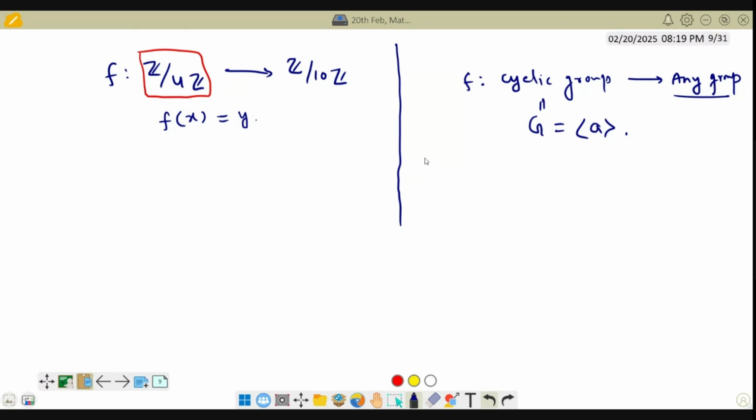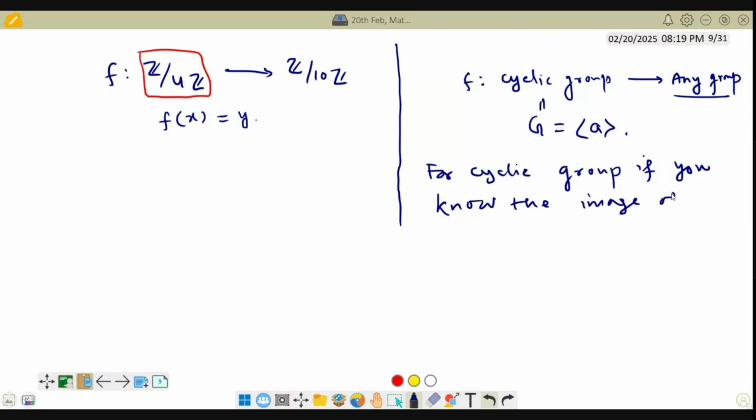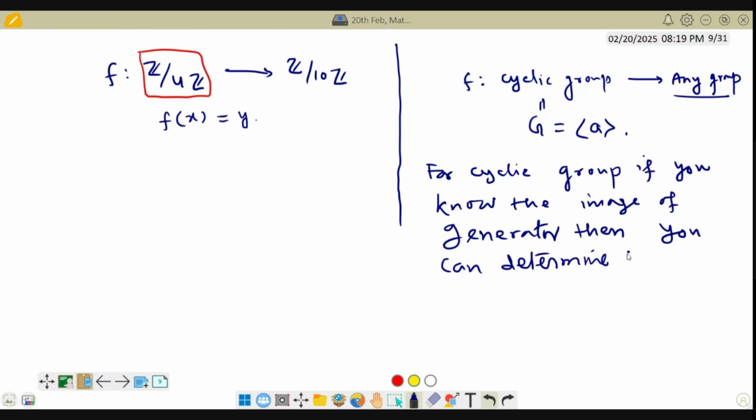Means for a cyclic group, if you know the image of the generator, then you can determine the full group homomorphism.